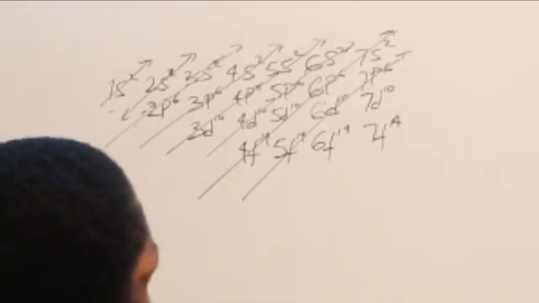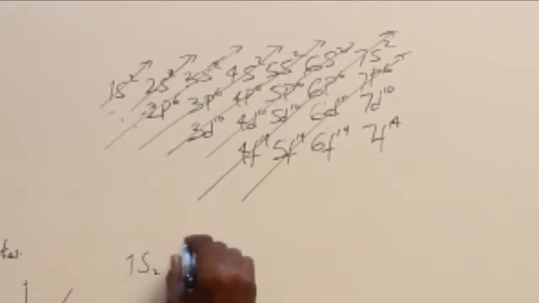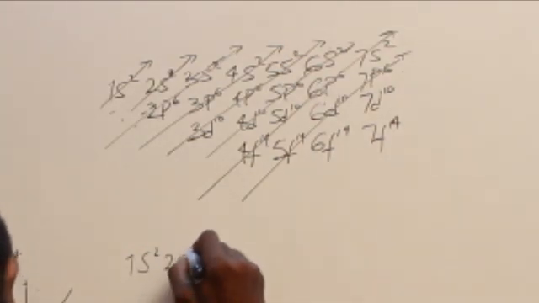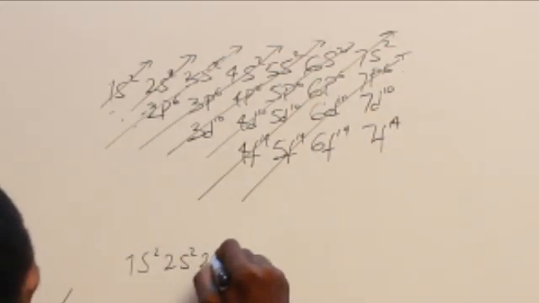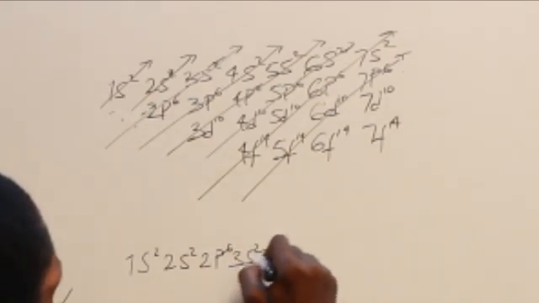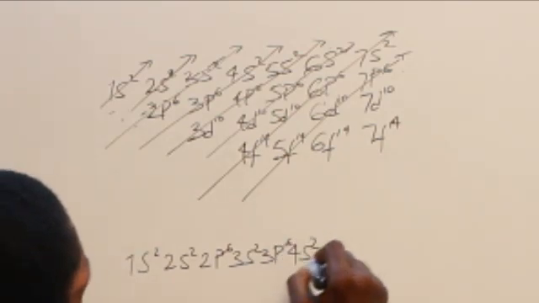So let me just stop at this point. So if we want to arrange it now, we'll have our 1s2, 2s2, 2p6, 3s2, 3p6, 4s2.